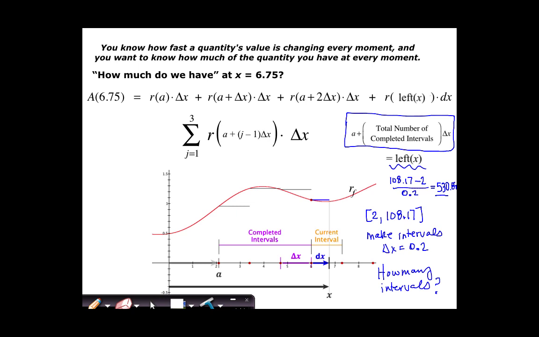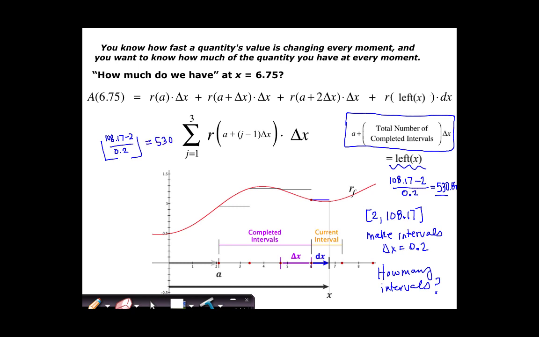The function for round it down is called the floor function, and notation-wise it looks like this. So if I write 108.17 minus 2 divided by 0.2 and use this floor function, and that's built into the GC also, it comes out to be 530.